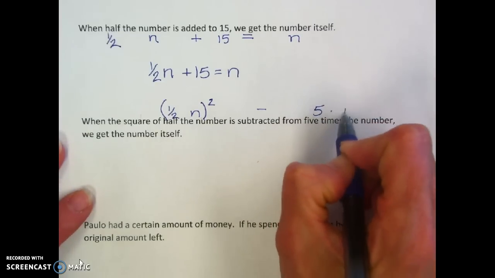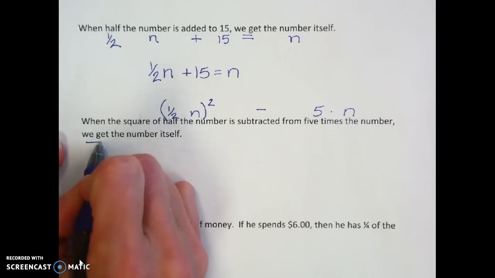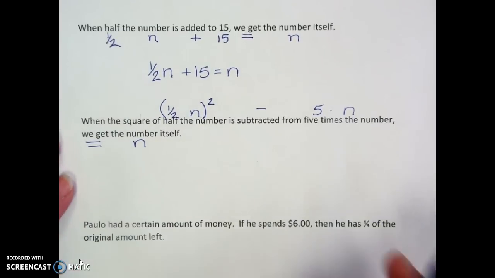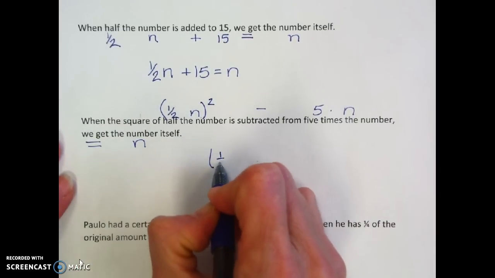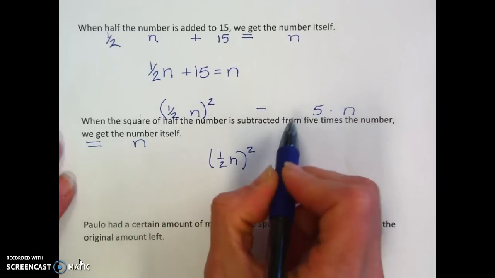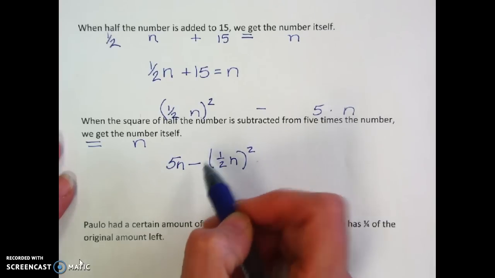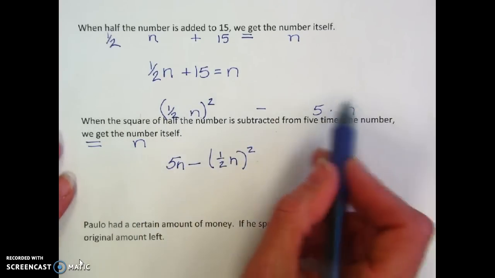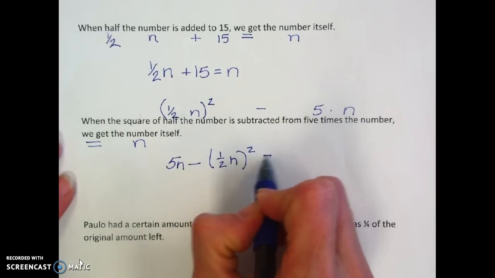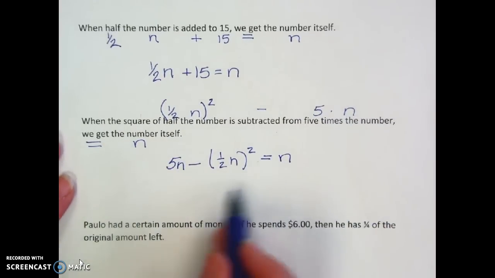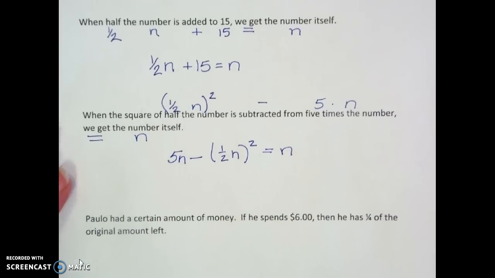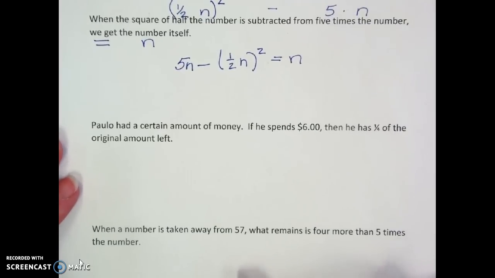We get the number itself. So in this case we have our (1/2 n) squared, but we are subtracting it from the 5n, so we want the 5n to go first. This is subtracted from this. We get equals the number itself. So there's the final equation. Now we're not solving these at this point, but eventually we will.